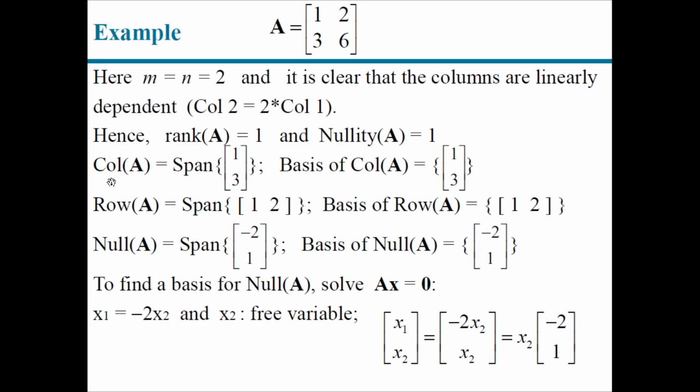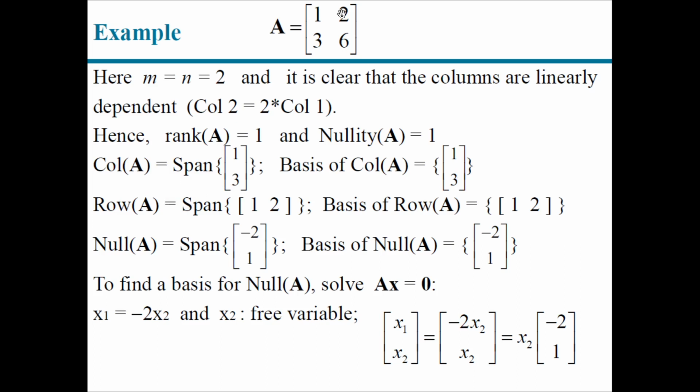So what is the column space of A? A basis for the column space is the first column. I just need one of them because here I only have 2 and one is dependent, the other one is independent. So this is a basis for the column space of A. So the column space of A is the span of the vector (1, 3).